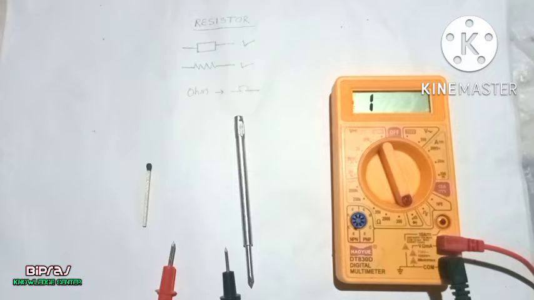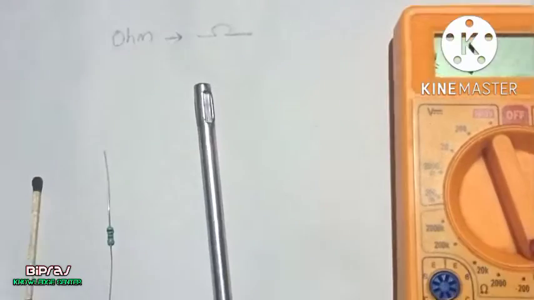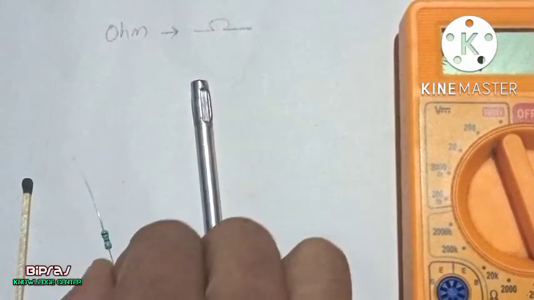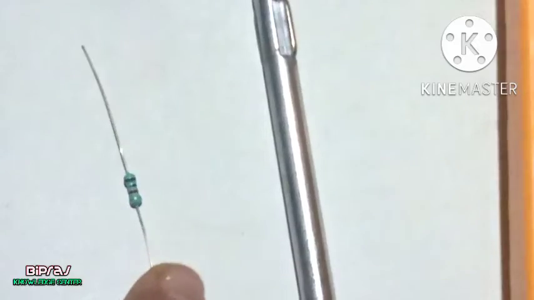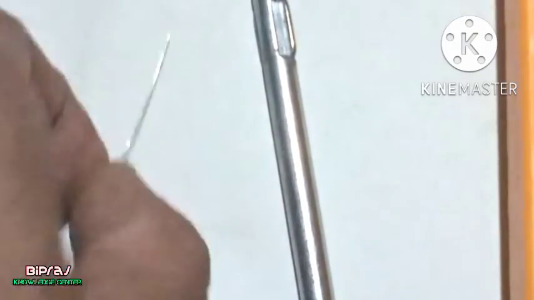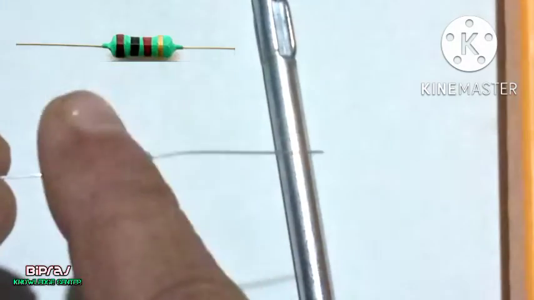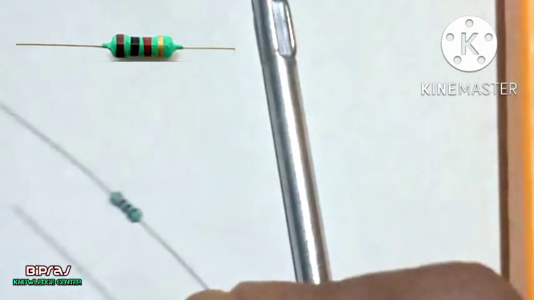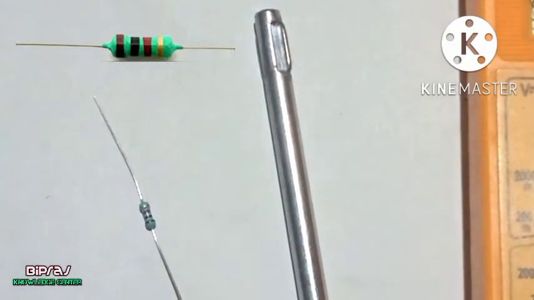Now I want to show you an actual resistor. Now this is an actual resistor, you can see here. This is also called a through hole resistor. Its value is about 1k or 1000 ohm.